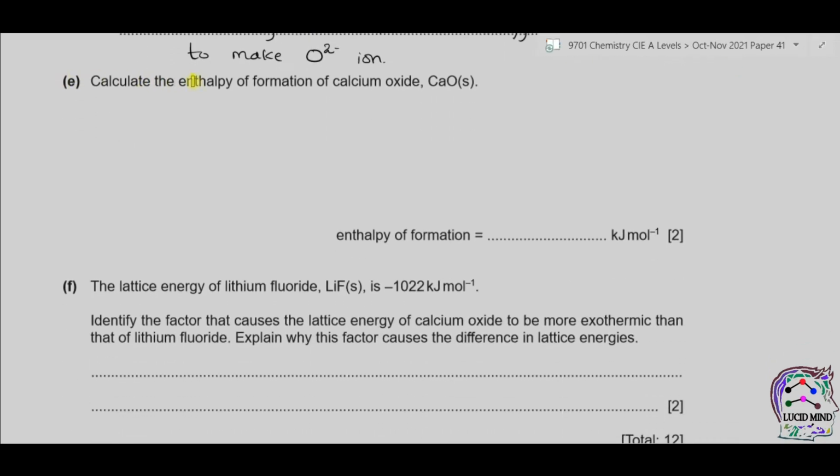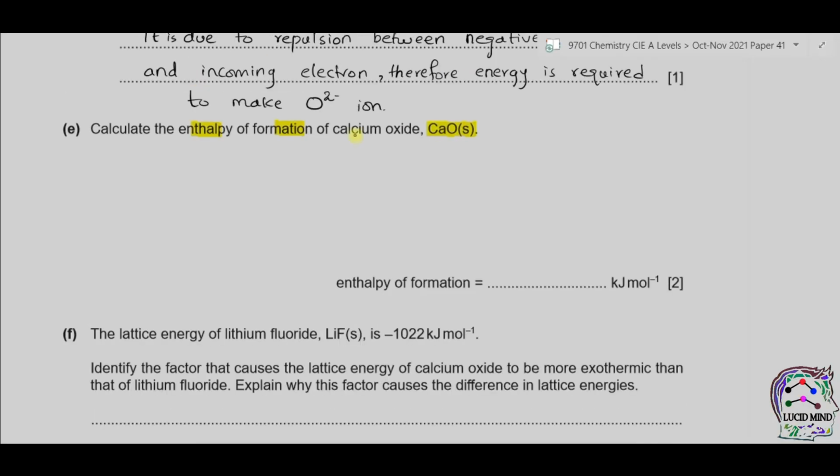Part E, calculate the enthalpy of formation of calcium oxide solid. In order to calculate the enthalpy of formation of calcium oxide, we can draw a cycle. We have calcium oxide solid, which is formed from the elements, calcium and oxygen.